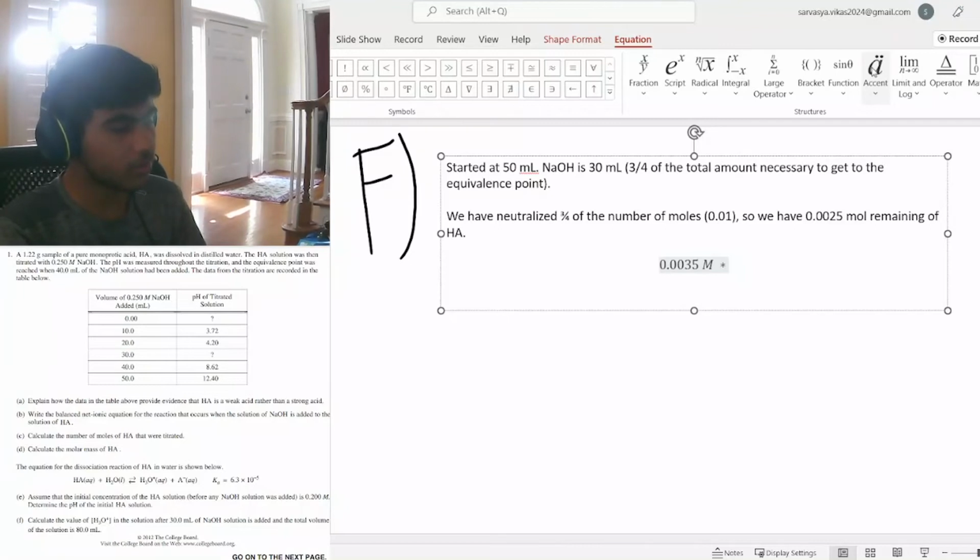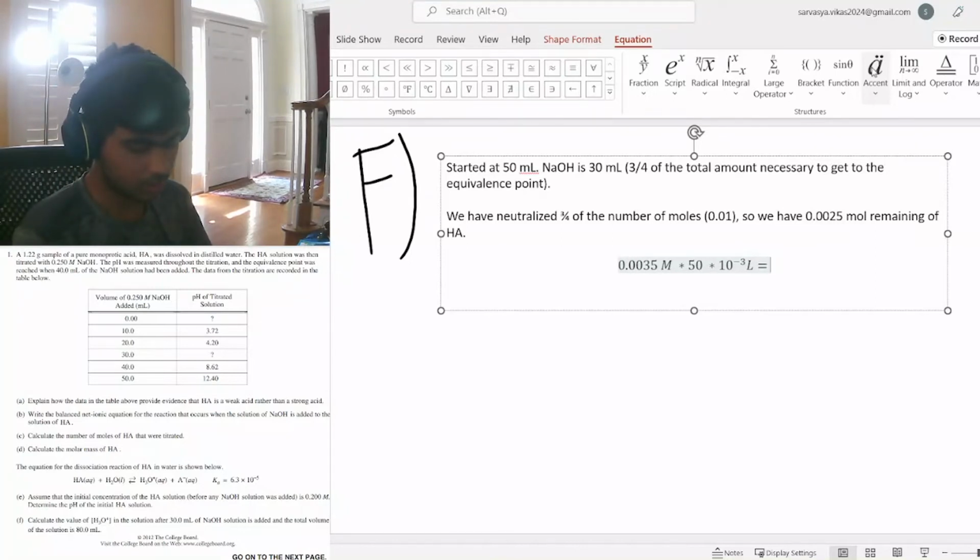We have the initial HA solution, which is 50 milliliters, since we're told that after the 30 milliliters added, we have 80 milliliters total. So we have 50 times 10 to the negative third liters. We multiply that all together, and we get 1.75 times 10 to the negative 4 moles.